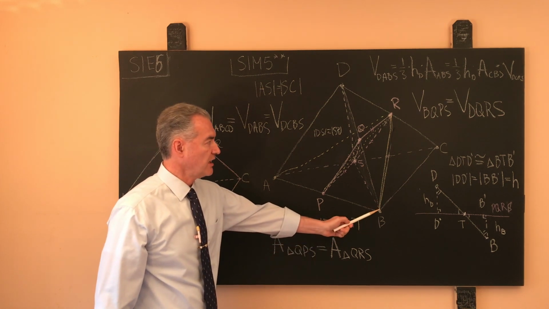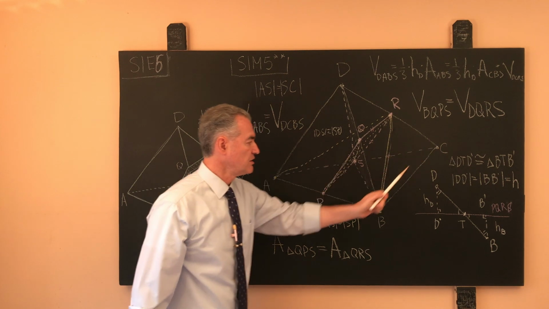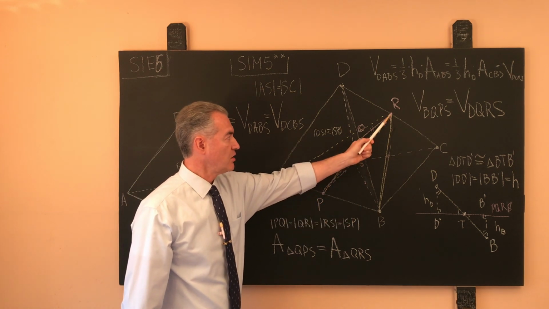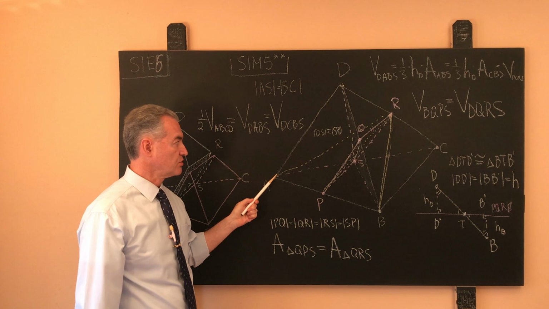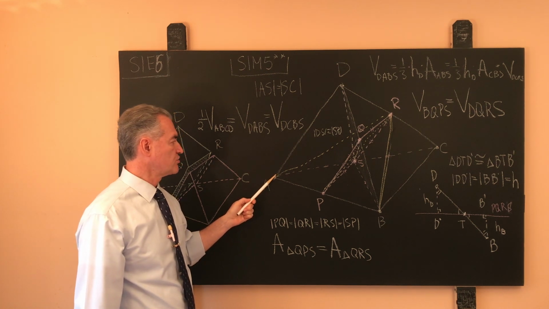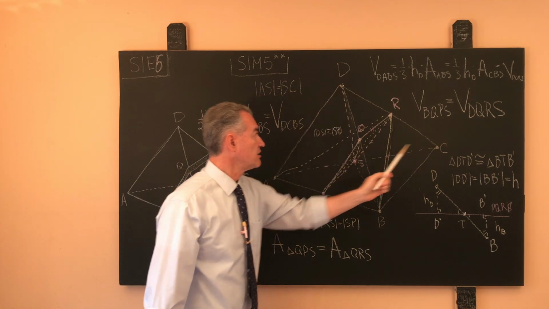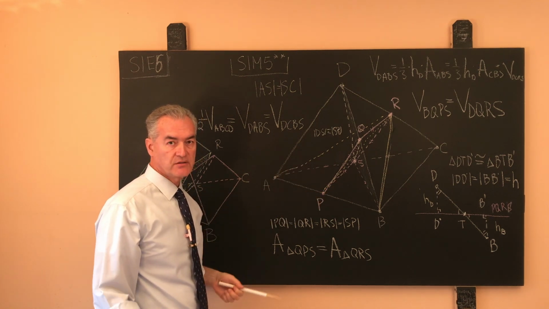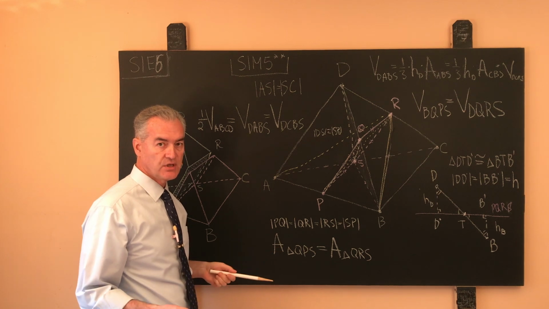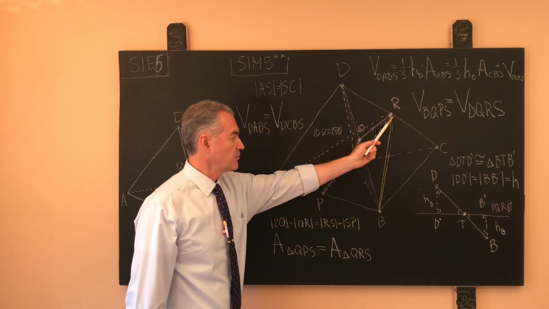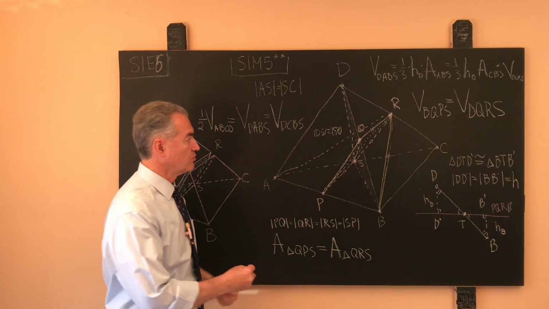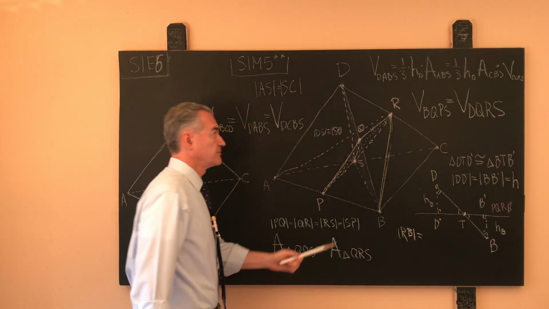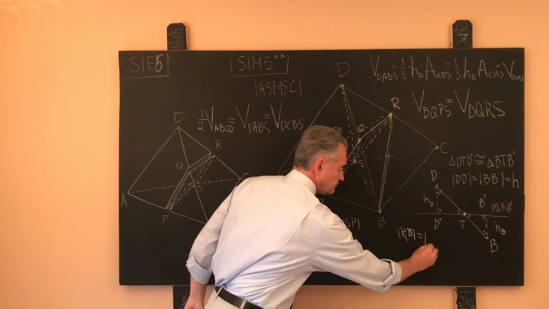Plays the role of the height of the triangle DCB that also emanates from the vertex B, and the line segment RA plays the role of essentially also the height or the median of the triangle ADC that emanates from the vertex A. But we know that all the faces of a regular tetrahedron are congruent equilateral triangles, which means that the length of the line segment RB equals the length of the line segment RA.